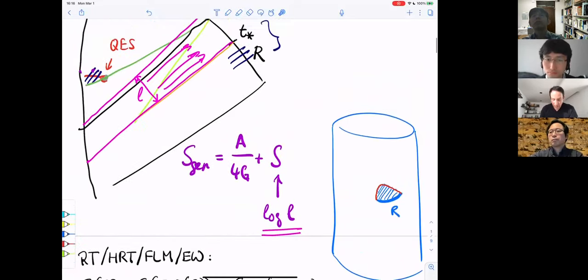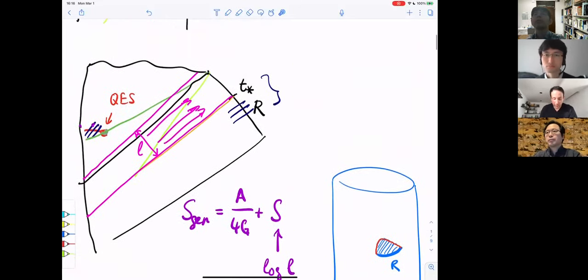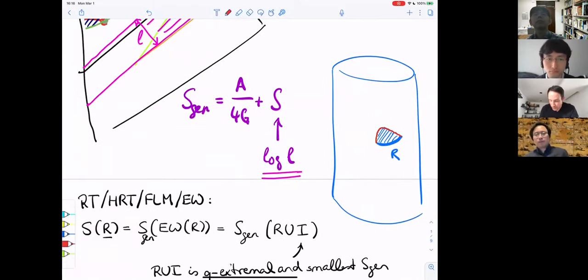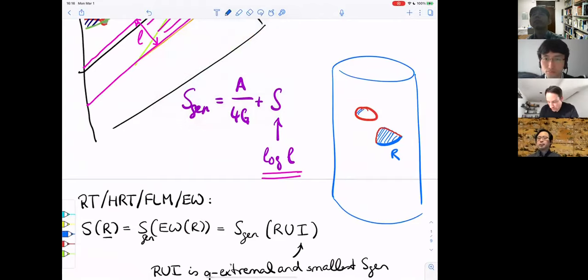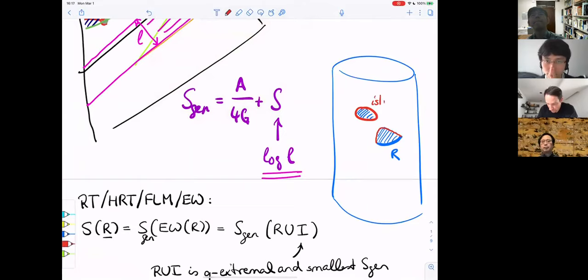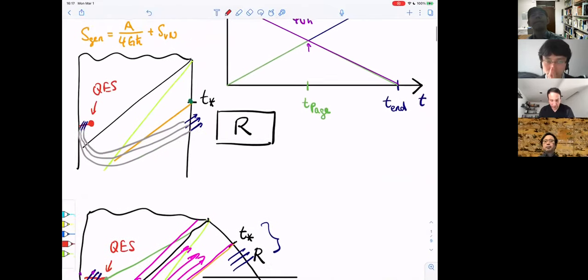What turns out to be the case, however, is in this evaporating situation here, you can have a situation where there's an isolated, additional, disconnected piece of the entanglement wedge called an island. Okay, and so let's see how that works.